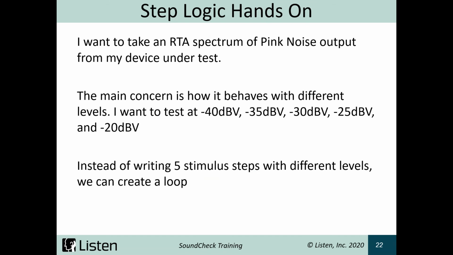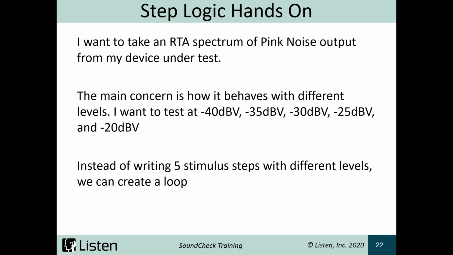All right, so now let's look at a hands-on for step logic. In this example, I want to take an RTA spectrum of pink noise that's output from my device under test. What I really care about is how it behaves with different levels. I want to test it at all of these voltage levels listed here.